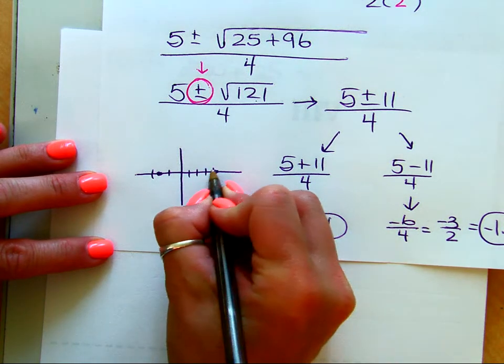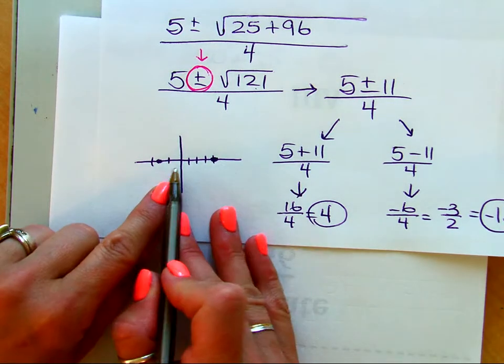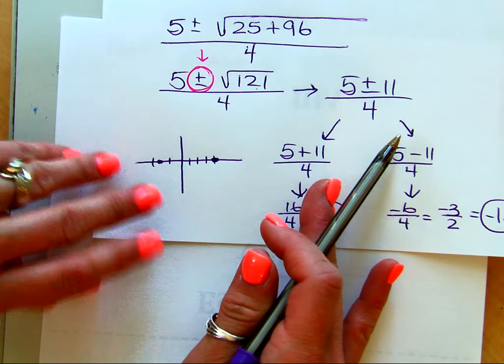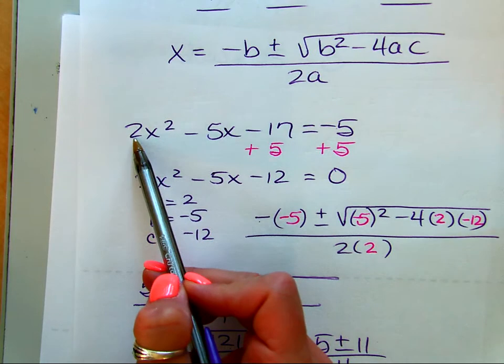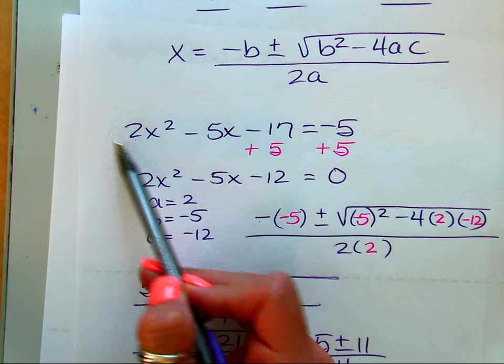The other one's 4. If I wanted you to find the vertex, wouldn't you just add them together and divide by 2? Because it would be the halfway mark. What else do I know about this parabola? Does it open up or down? Up, because that's positive. Is there a stretch or compression?